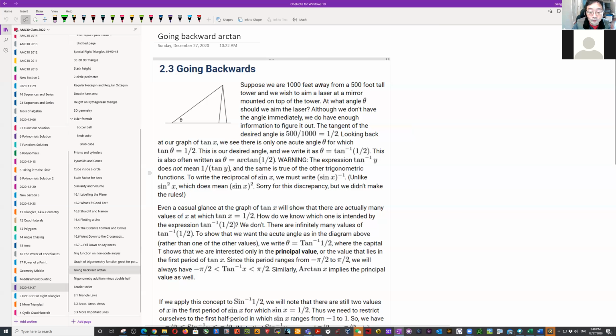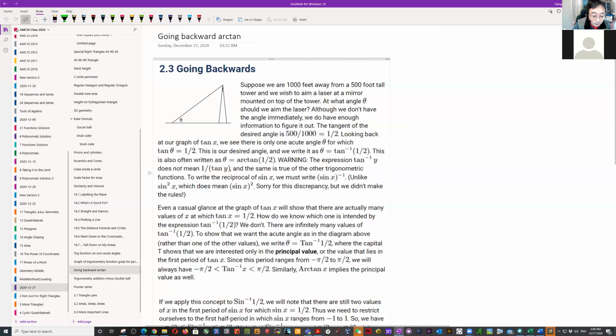For example, if we are 1,000 feet away from a 500-foot tall tower, and we wish to aim our laser at a mirror mounted at the top of the tower, at what angle should we shoot our laser?